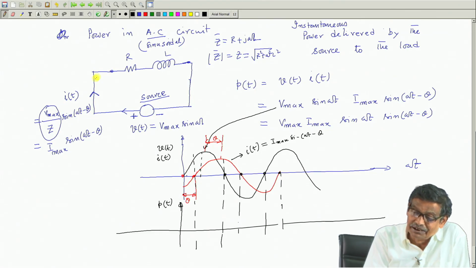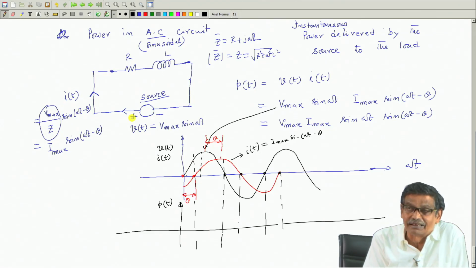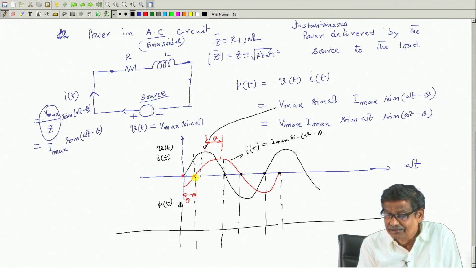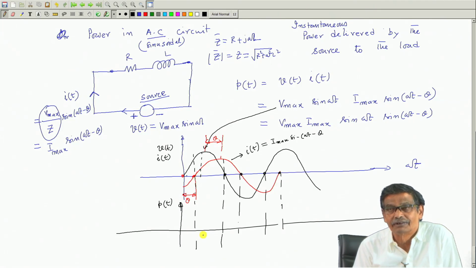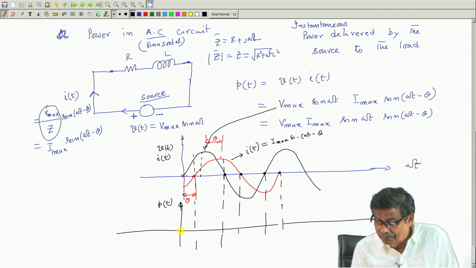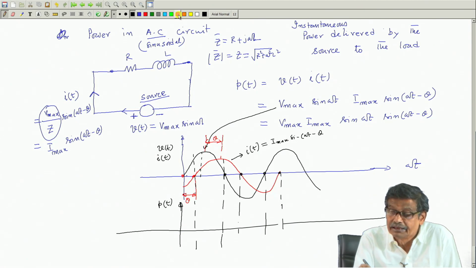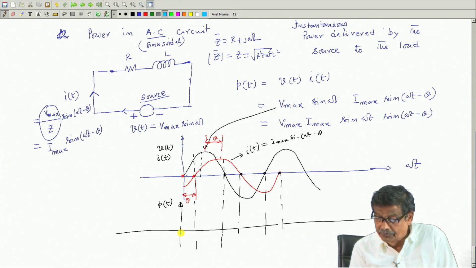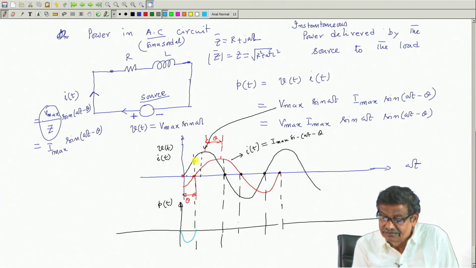So, actually current is flowing like this and this is plus, so the source is absorbing power, got the point? And this product will be negative. So, this product will be like this, during this interval voltage is plus and current is minus.